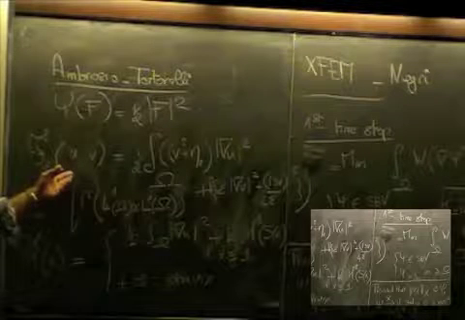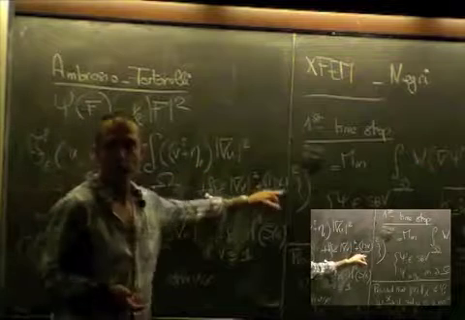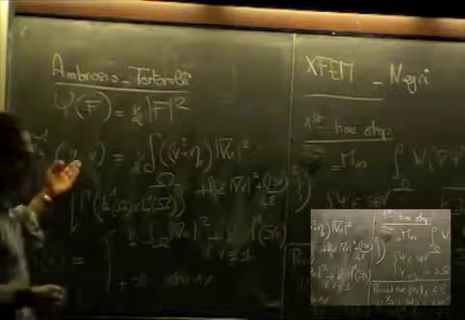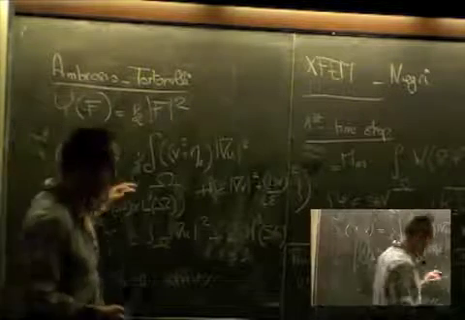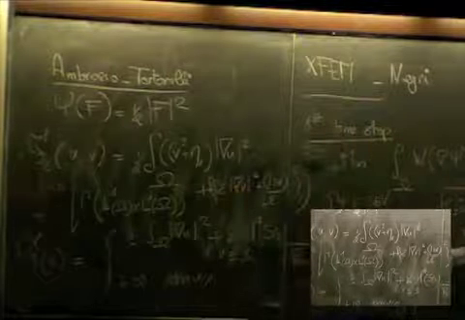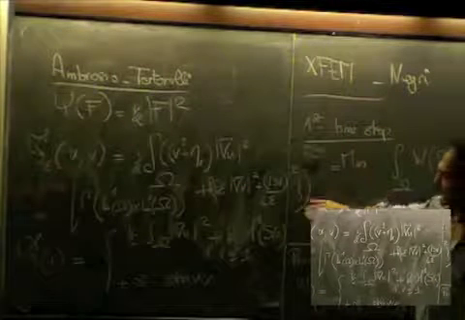I'm summing two terms. The minimizer is u equals 0, v equals 1. Period. So in general, I should add something to this, and I'm going to add something. But in any case, that's beside the point.